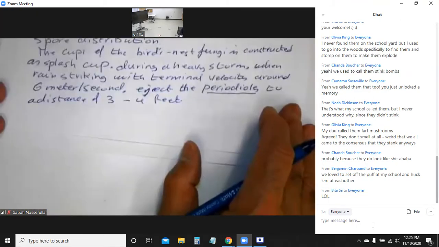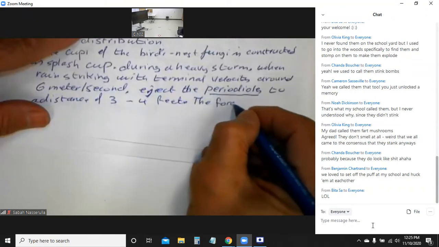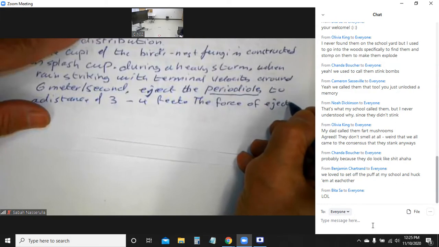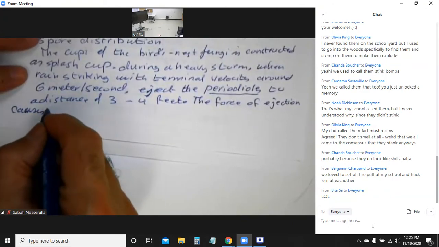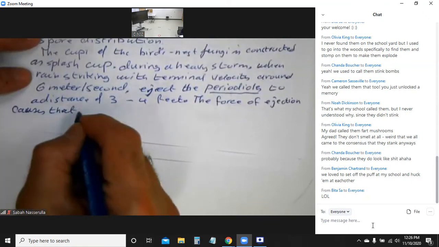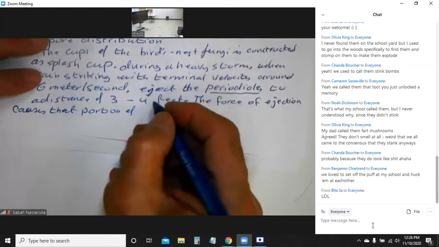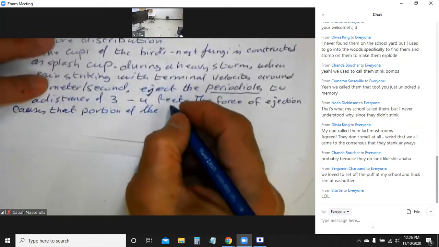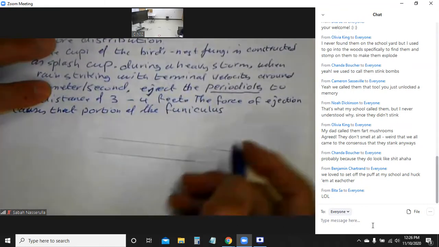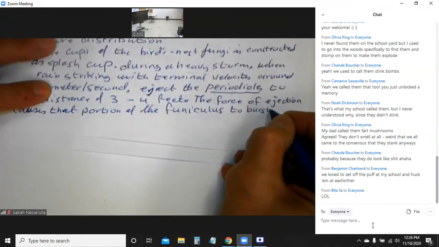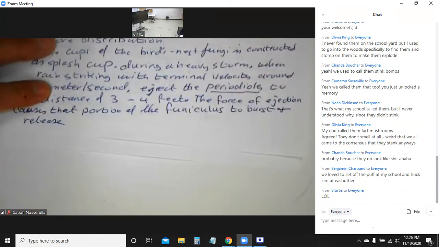And now the other point I'm going to mention, of course, is that the force of ejection causes that portion of what is known as the funiculus to burst and release what is known as the funicular cord.